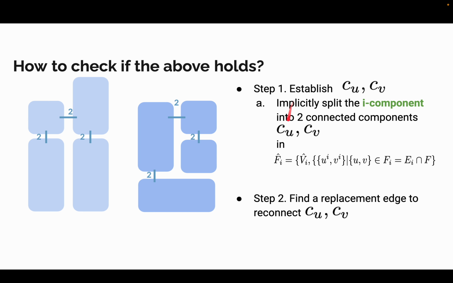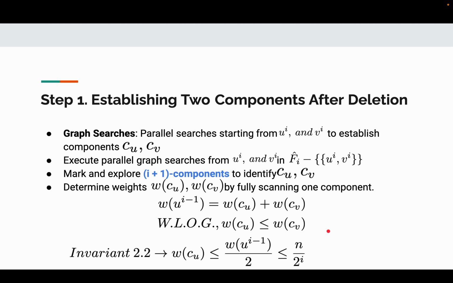All right, and we can check by first splitting the i component into two new kinetic components, CU and CV. Right, and we find a replacement to reconnect these two. But how? Step one, let's elaborate it further.